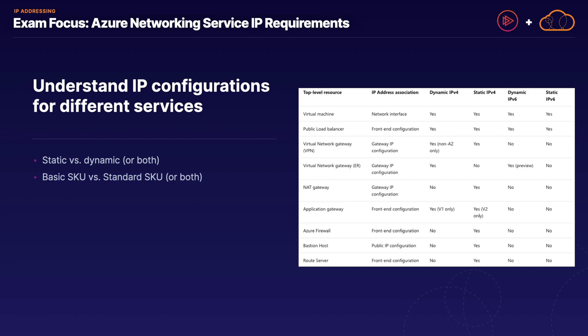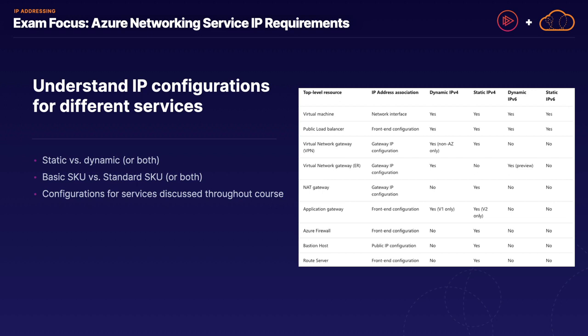For example, on the right side, we can see that NAT gateway does not allow dynamic IP addresses and is static only, and we will also talk more about those services later on when it comes to the SKU that is required for those services as well. Now, once again, this is going to be one of those ongoing discussions. When we talk about individual services, we will also address the specific types of IP configurations that are required for each one.